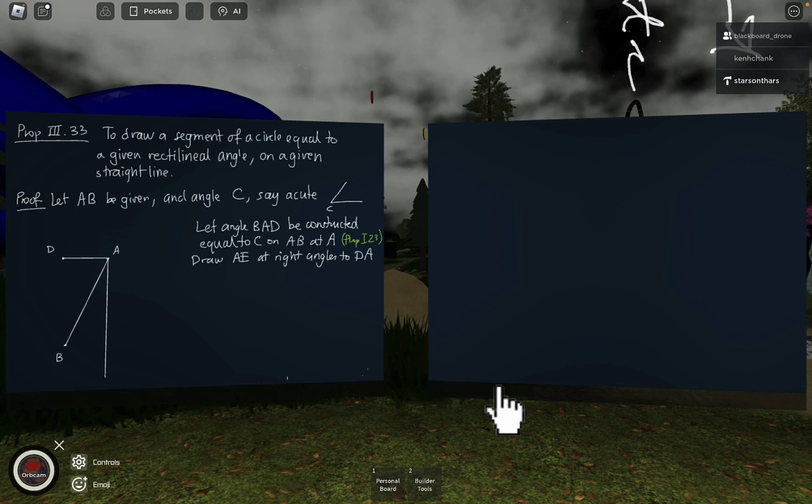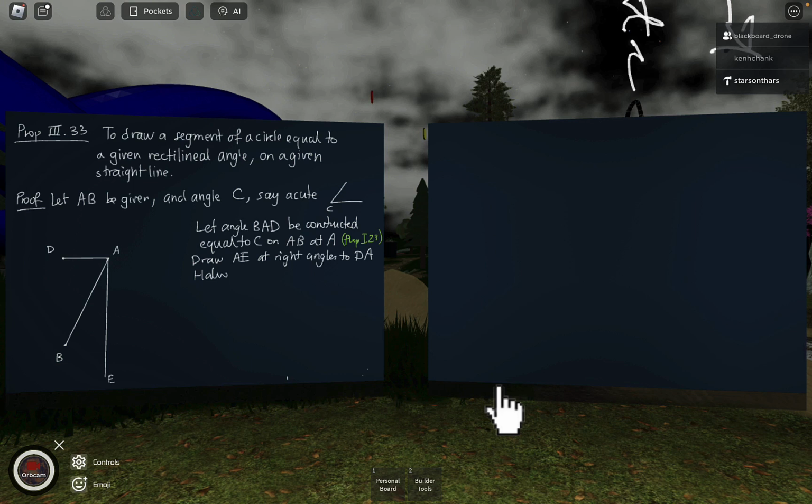But we can of course cut off a part of that equal to AB, so I'll just assume that it's the same. Sorry, no, I'm getting ahead of myself. Okay, so I'm going to draw a straight line at right angles to DA. So E, its endpoint, is unspecified right now. Just take it far enough.